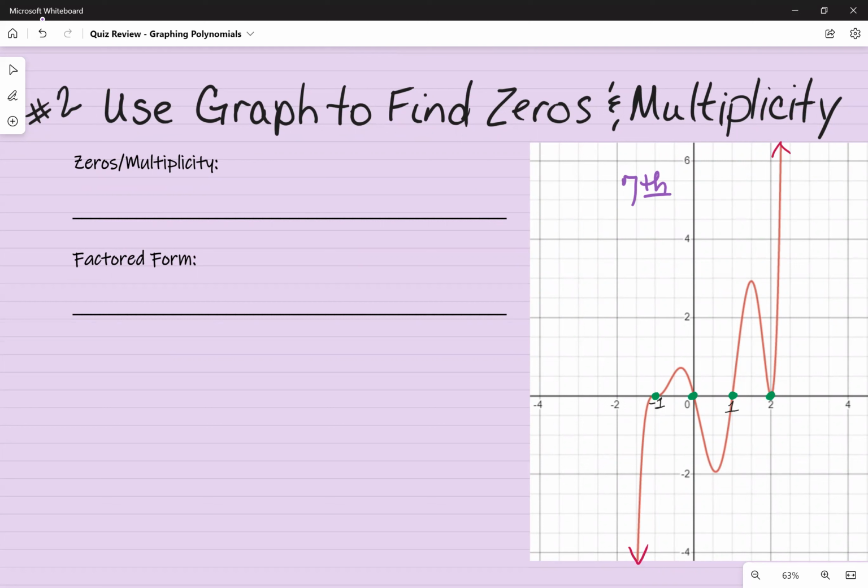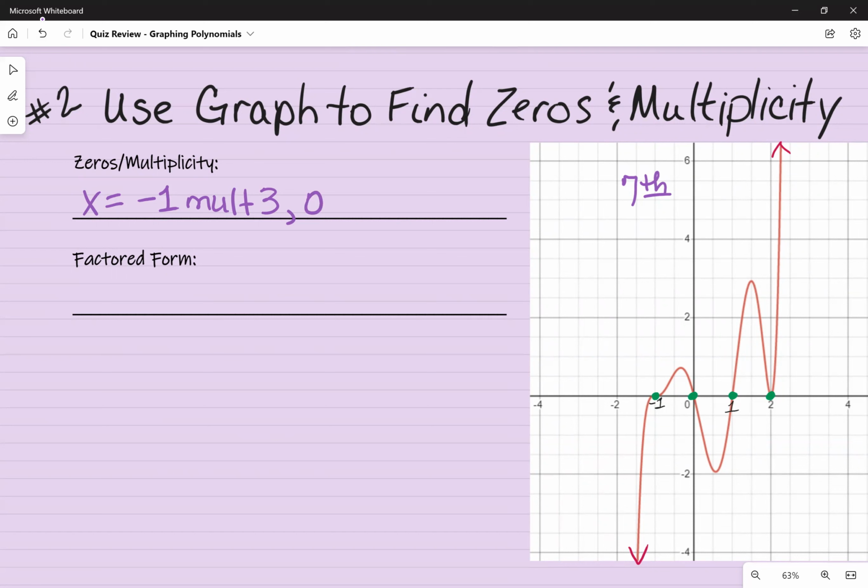So for my zeros, I have x is equal to -1, and that is known as a snake when it slithers like that or lingers around that point. So that means it's going to be a multiplicity of 3. And then I also have a zero at 0, the origin itself.